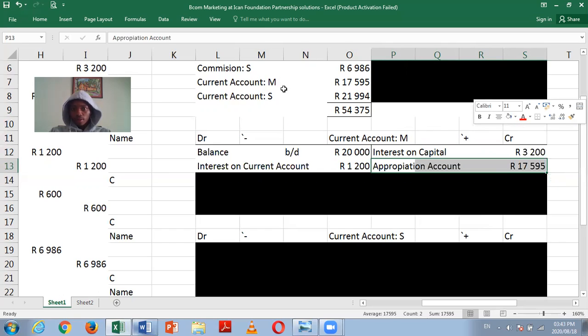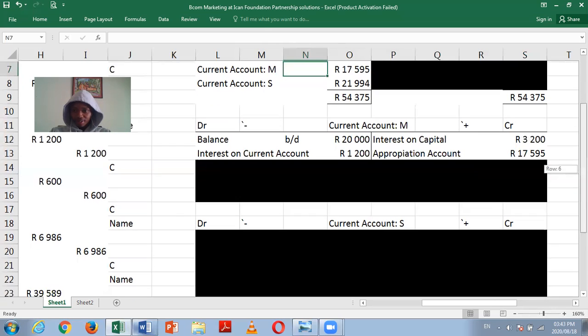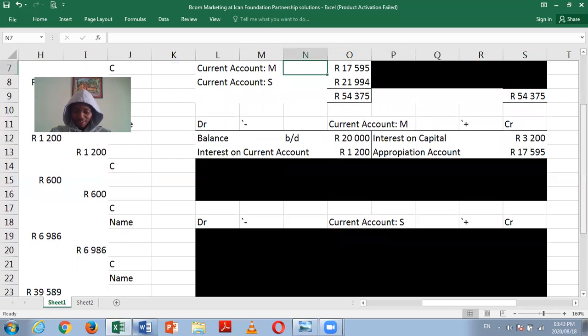Remember appropriation was debited with current account, so it means current account will be credited with appropriation. Where there's a debit, there should be a corresponding credit, right? Where there's advantage, there should be disadvantage. Where there's a he, there must be a she. My class always laugh at me when I say this, but it makes them remember the double entry.